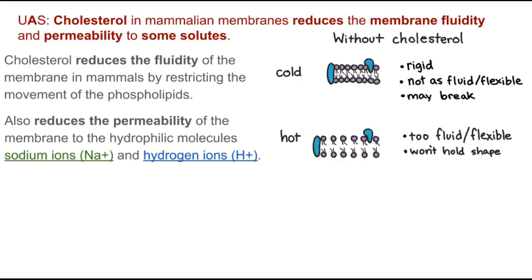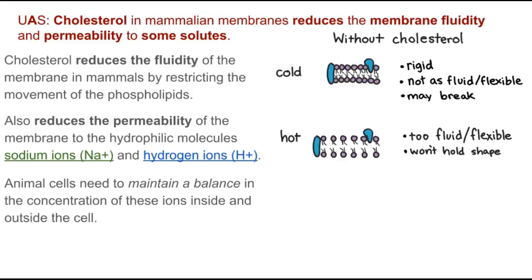It also reduces the permeability of the membrane to hydrophilic molecules, such as sodium ions and hydrogen ions. So this means that it reduces the ability for these ions to pass through the membrane into or out of the cell. And this is important, as we'll see in the next topic when we talk about membrane transport.